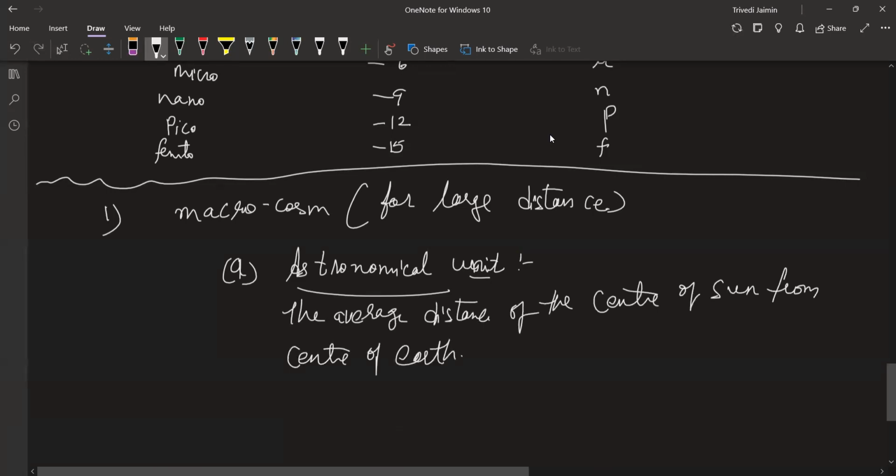It is not exact, it's an average, approximate. So 1 AU equals 1.5 into 10 to the power 11 meter.